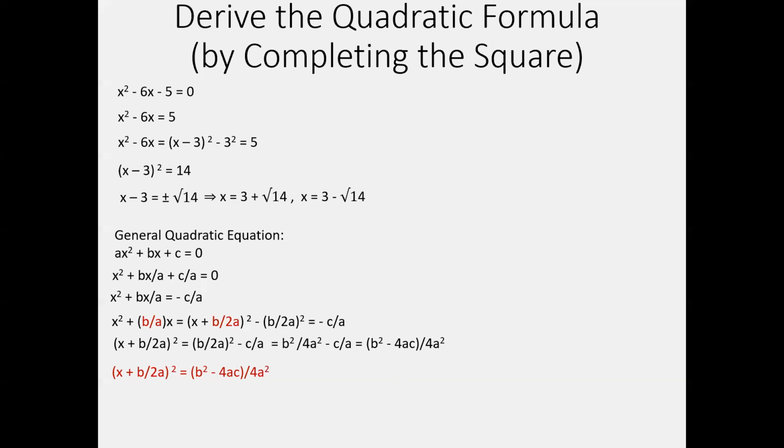When you use that common denominator of 4a squared, son of a gun, if you don't get a term which certainly should sound familiar to some of us: b squared minus 4ac. We've heard that so many times in our work with the quadratic formula. So here we see the quadratic formula begin to develop in front of our eyes.